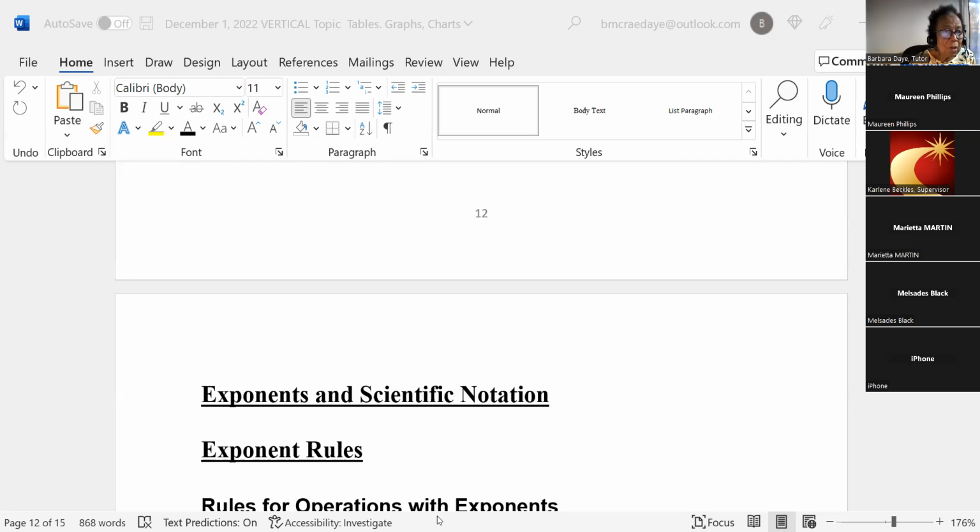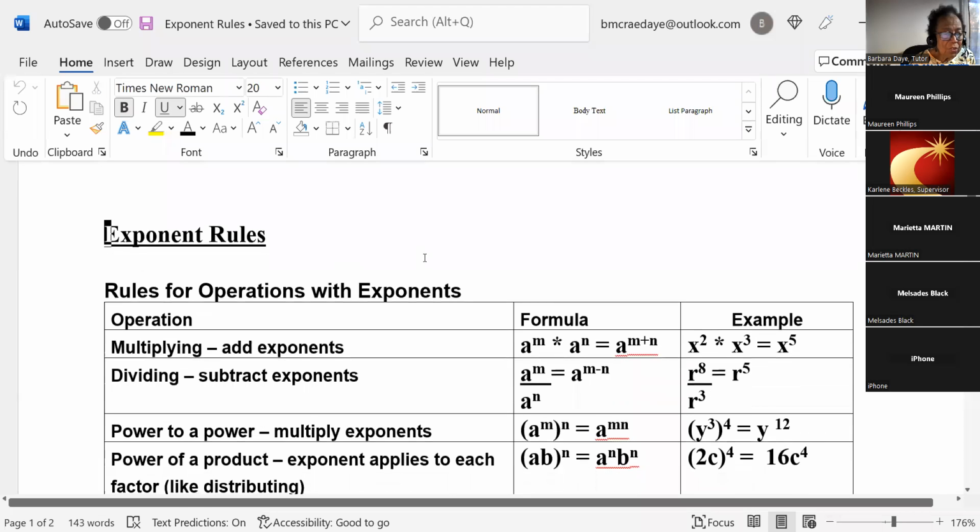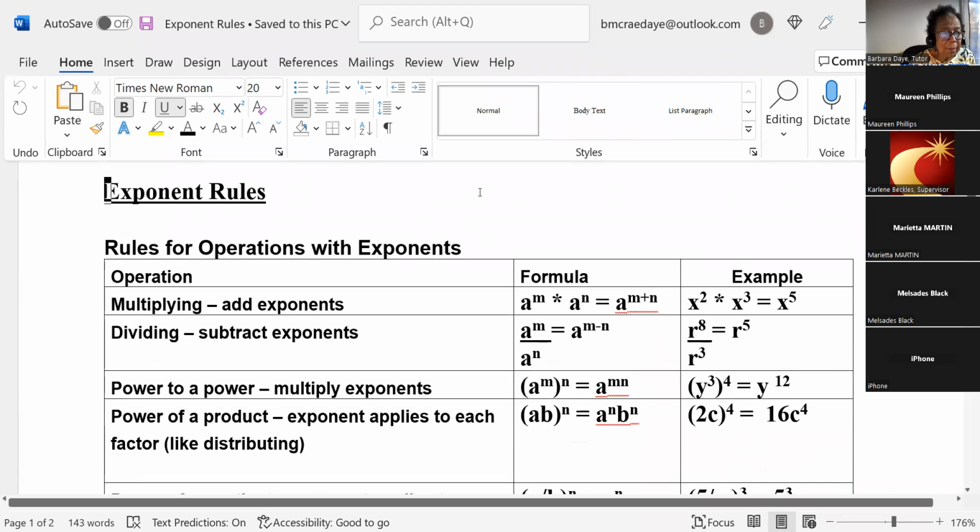New share. You see the exponent rules on your screen? Yeah. Okay.